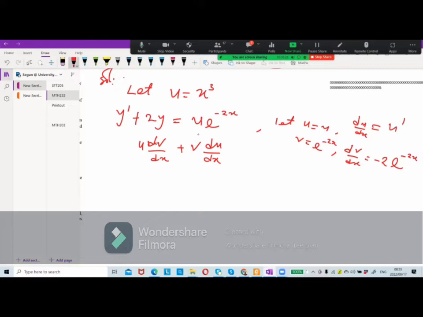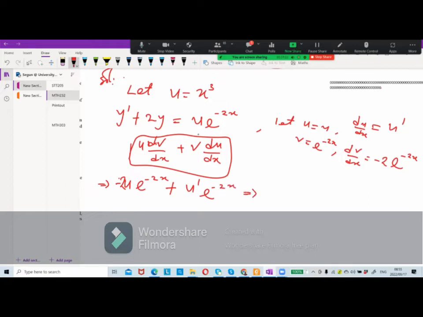Then substitute it in this formula. So what is my u? u prime. dv dx is what? Minus 2, exponential minus 2x. Let's say minus 2u exponential minus 2x, plus v, which is u prime exponential minus 2x, right?